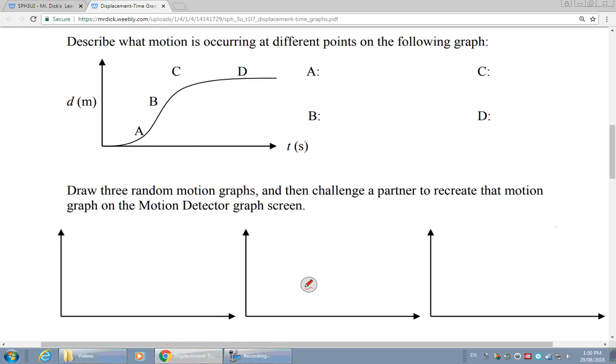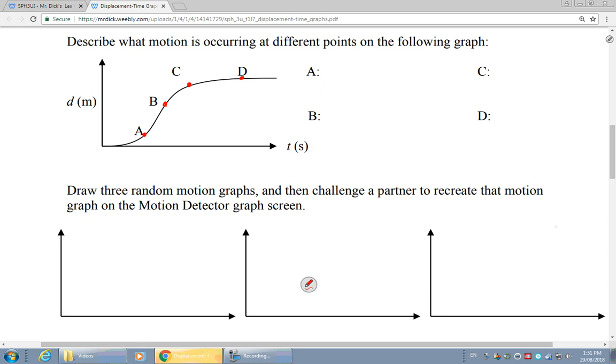So we can use that logic now to look at a graph that's a little more complicated and try and determine what's happening at various points in time. And so here we've got different letters marking out different instances in time along this graph. If we look at point A, what's happening is it's curving upwards.